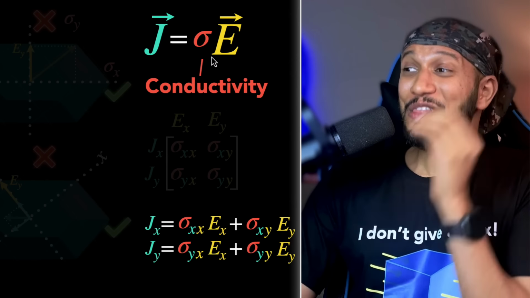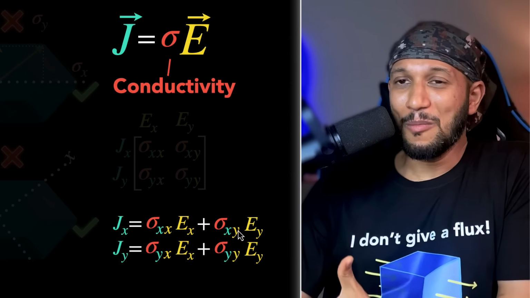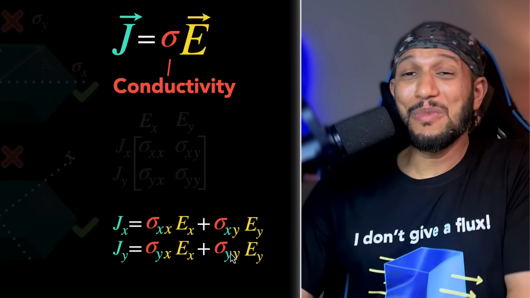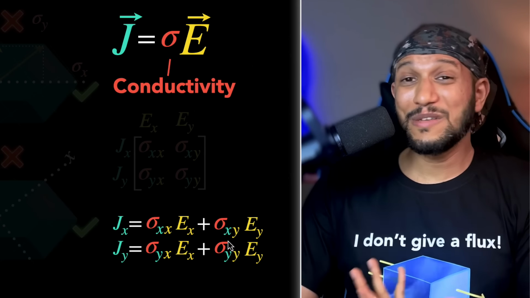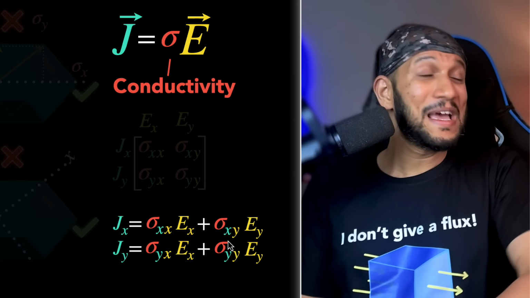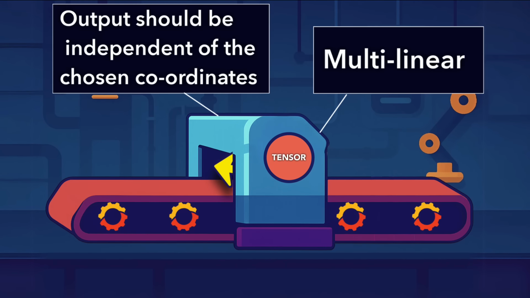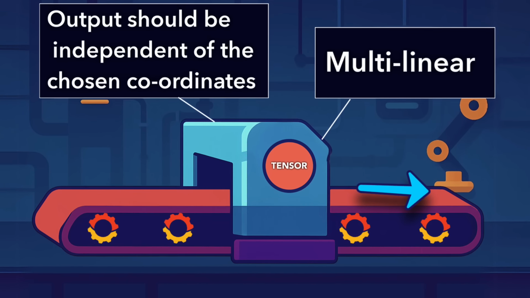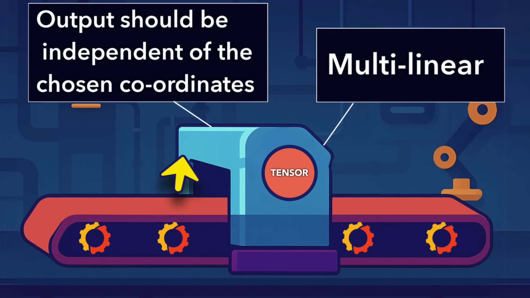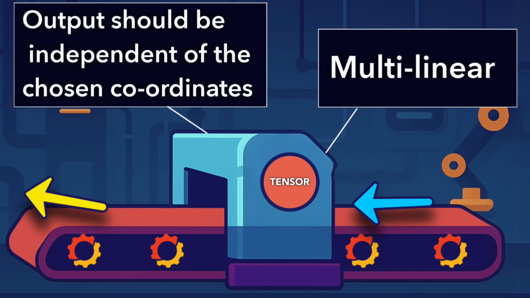So it was a linear relationship, but not with just one number, but with multiple components. That's what a tensor is. It gives you linear relationships between multiple components, a multilinear machine. So putting it all together, tensors are multilinear machines that relate one tensor or a vector to another tensor or a vector. And the output is independent of how you choose to draw your coordinate axes.